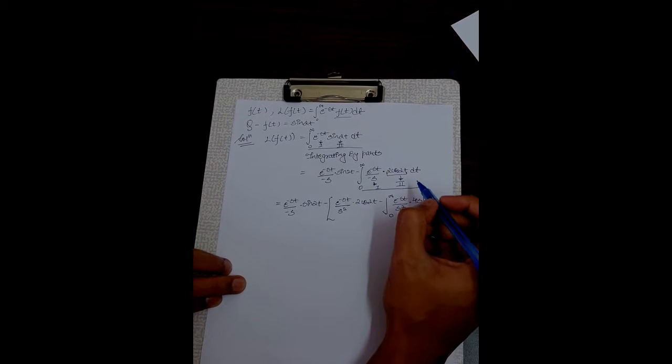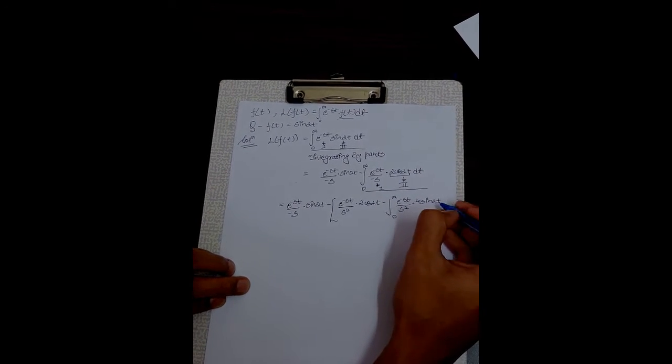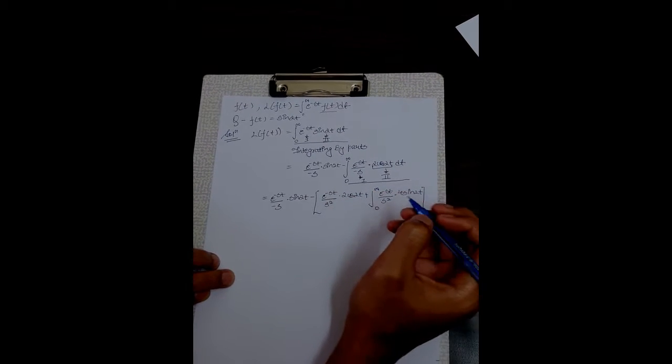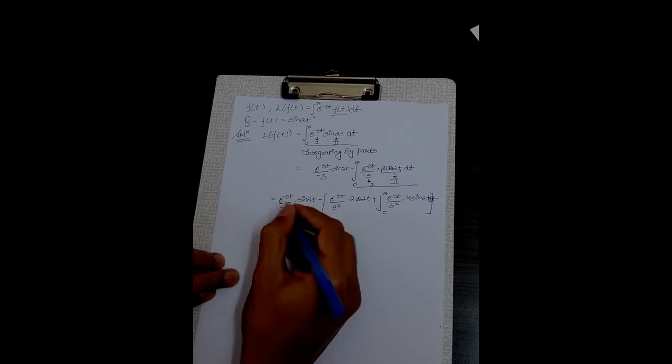Whenever we differentiate cos 2t, we get negative of sin 2t, so here we write plus. This would be integrated from 0 to infinity dt.